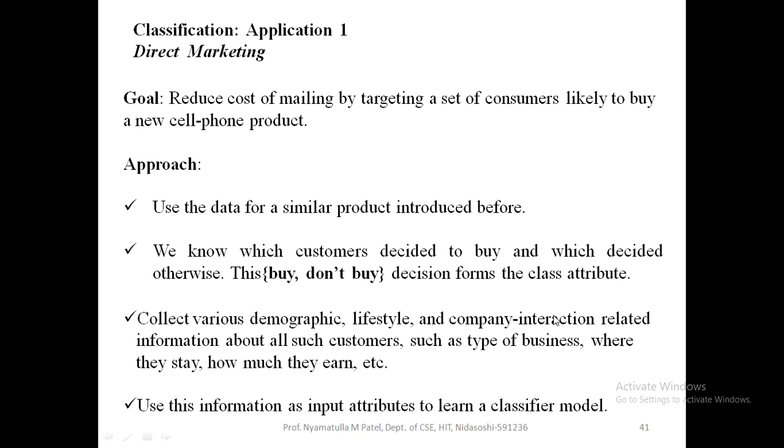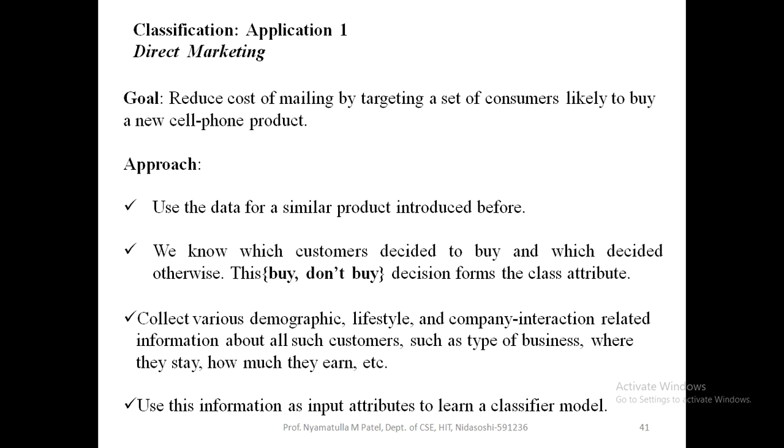Classification application 1: direct marketing. The goal is to reduce the cost of mailing by targeting a set of customers likely to buy a new cell phone product. Now, you need to target the people who are interested in buying a new cell phone product.